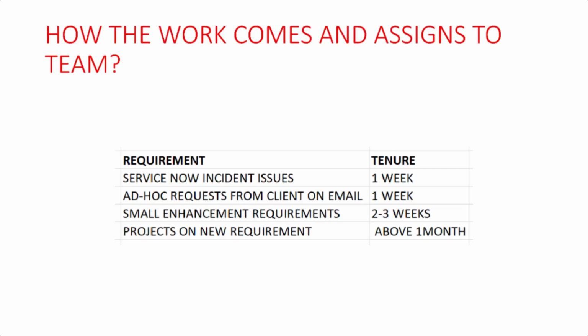Another way is ad hoc requests from the client by email, and small enhancement requirements, which come as documents from management. Projects add new requirements. The timeline is 1 week for issues and small ad hoc email requests, 2 to 3 weeks for small enhancements according to the requirement, and projects are mostly above 1 month.